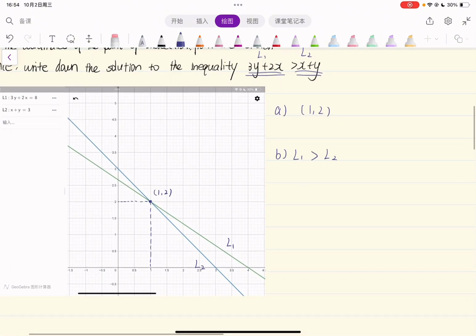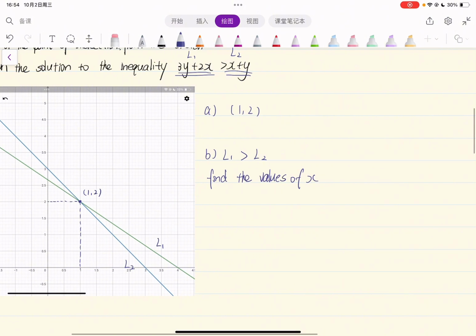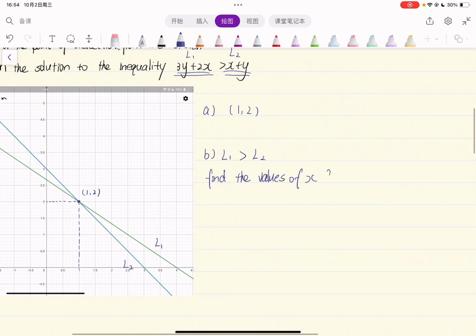So we find the values of x for which L1 is above L2.